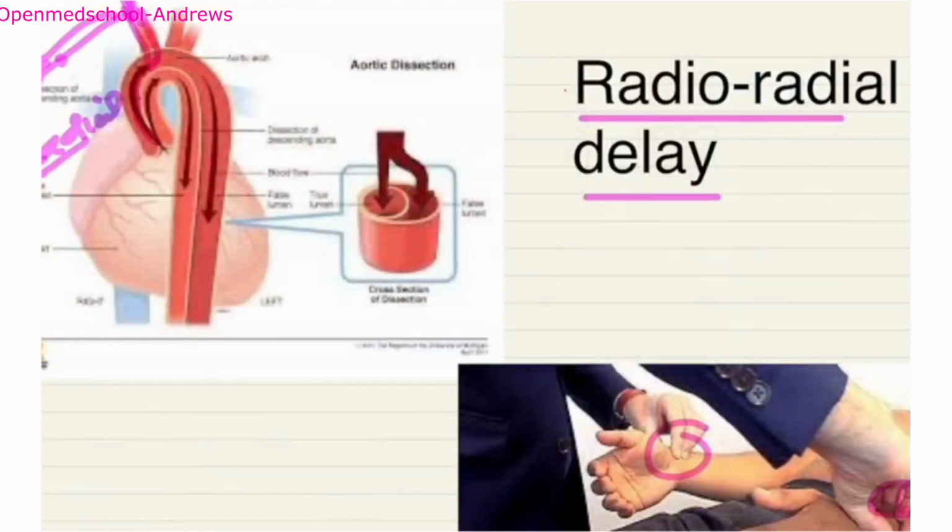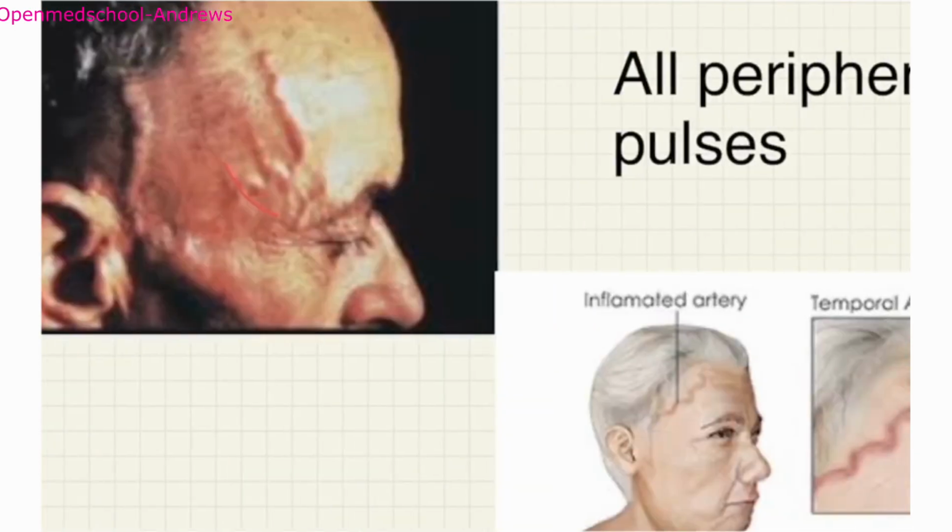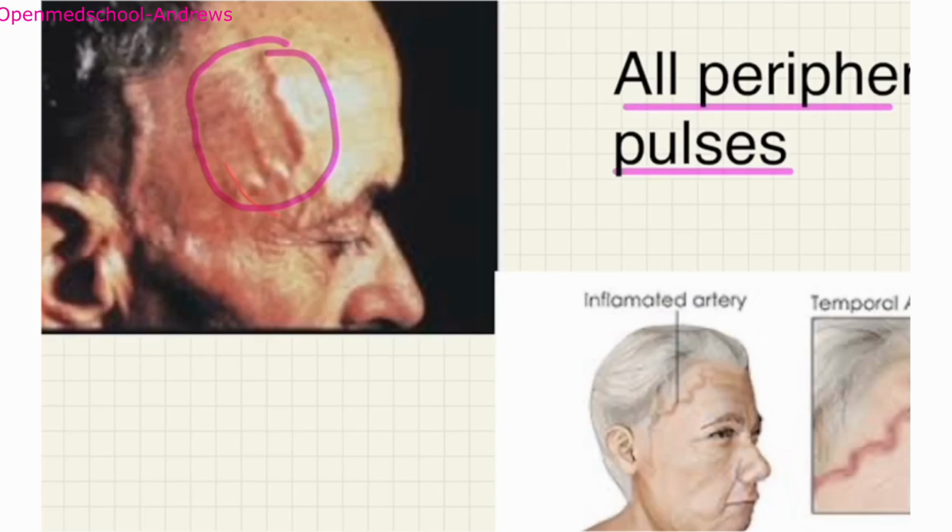Now next we go to all peripheral pulses. It's important. Most important in the neurological case is temporal arteritis, or giant cell arteritis, or polymyalgia rheumatica, where you get tortuous and tender temporal arteries. Biopsy is the gold standard. Nowadays Doppler study can also give a clue.